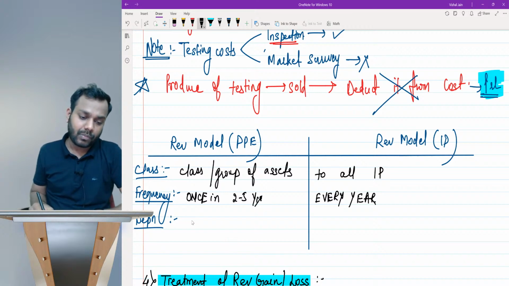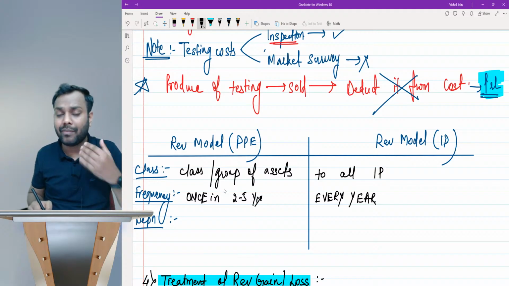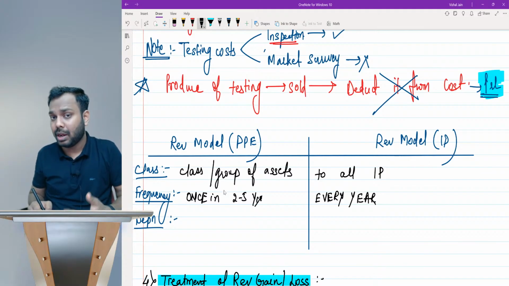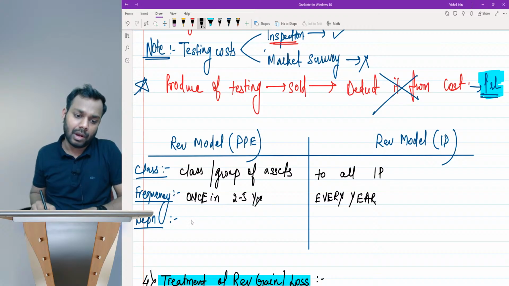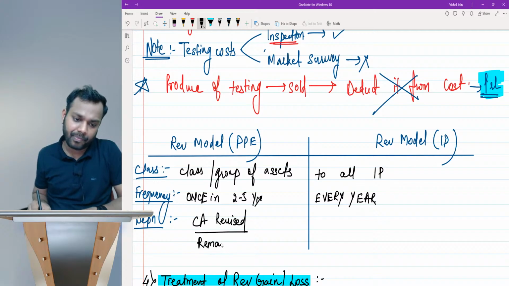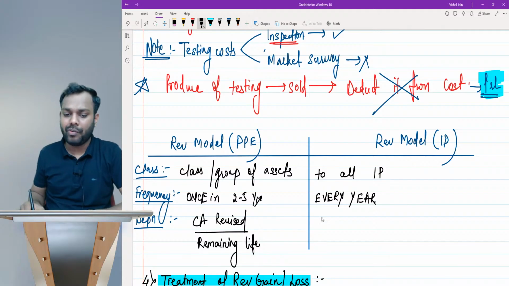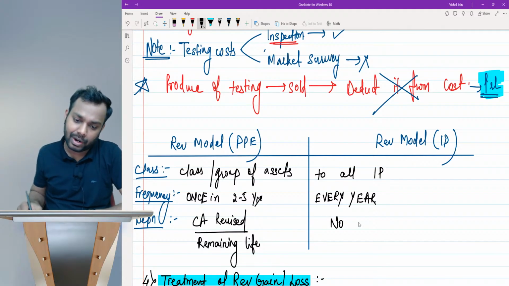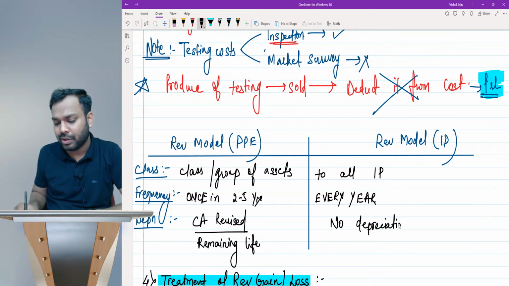Now, how will we charge depreciation for a revaluation model of PPE? If we are following revaluation model under PPE, how will we charge depreciation? Carrying amount revised divided by remaining life. And how will we charge depreciation here? Here no depreciation. Why? Because of the fair value changes.